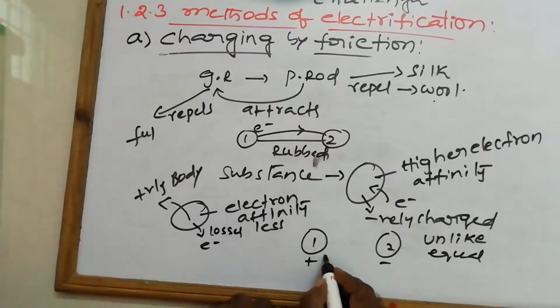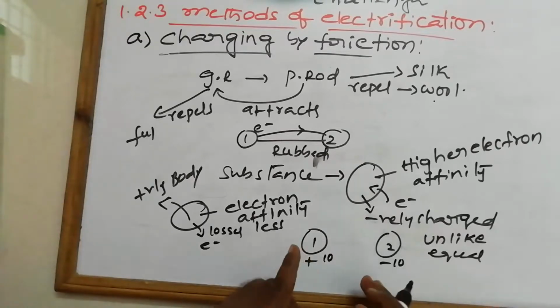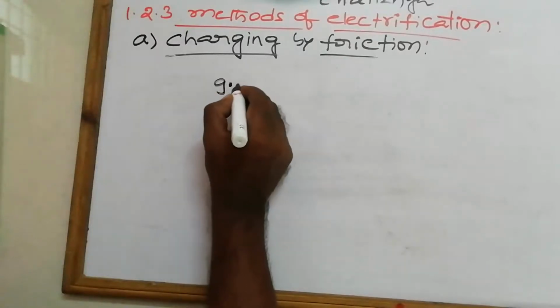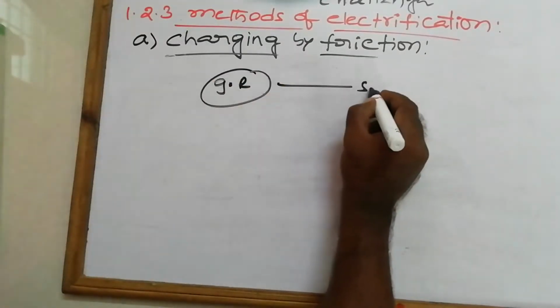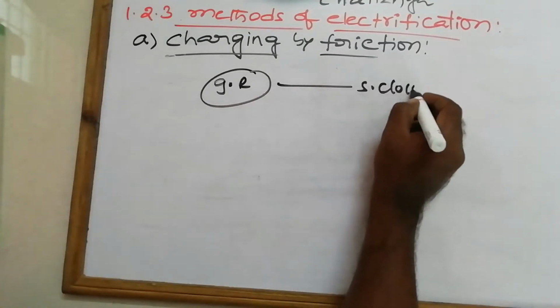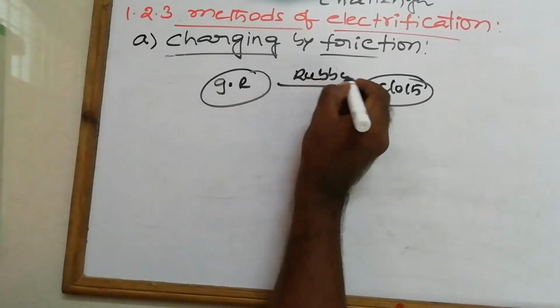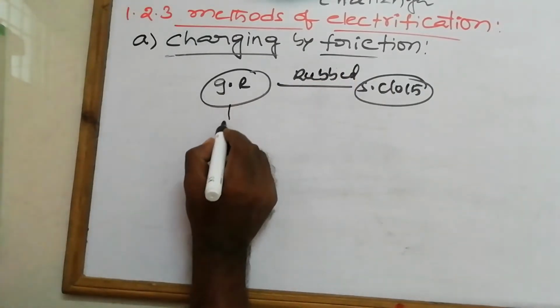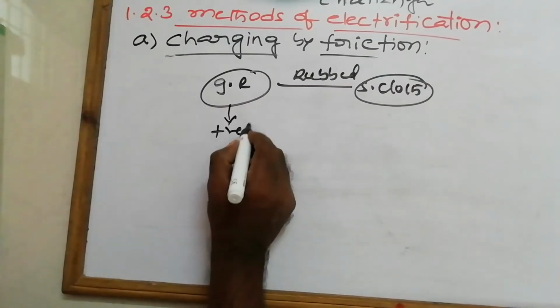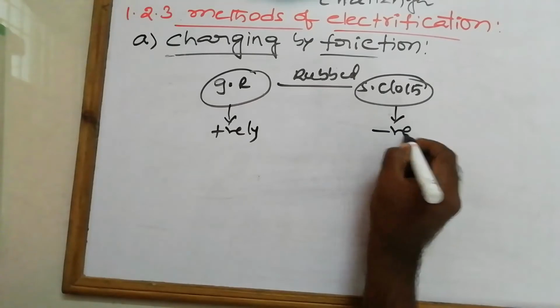The first body gets 10 positive charges and the second body gets 10 negative charges. Consider the glass rod. When the glass rod is rubbed with silk cloth, what is the charge of the glass rod? The glass rod gets positively charged and the silk cloth gets negatively charged.